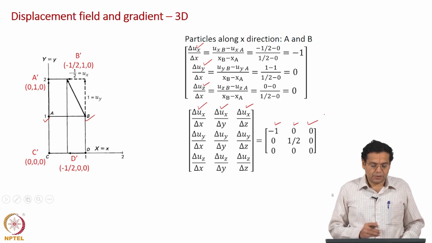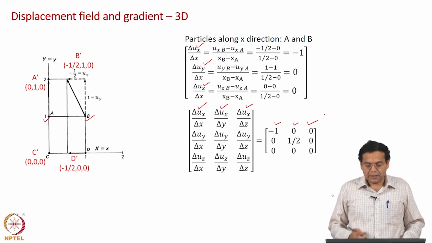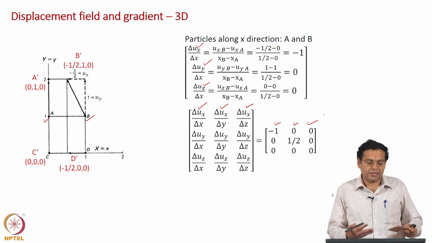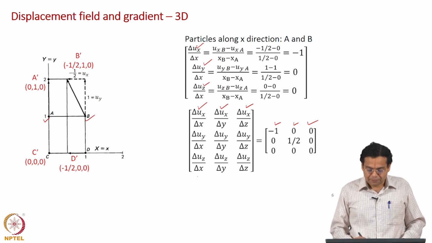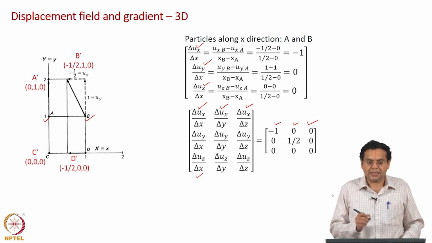Now, this particular example shows the displacement gradient tensor for a specific example. Now, what we will do is make this more generalized. This looks as if it is for a particular example. We will make it more generalized, and also you will know why we collected all these values and arranged them as a column rather than a row.